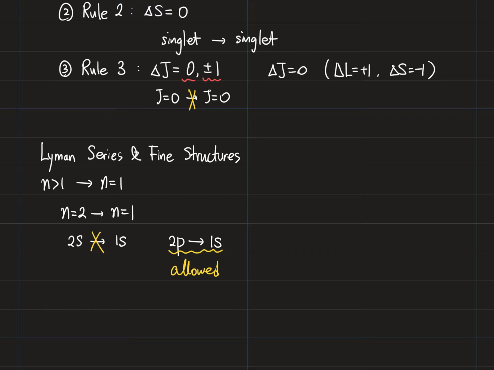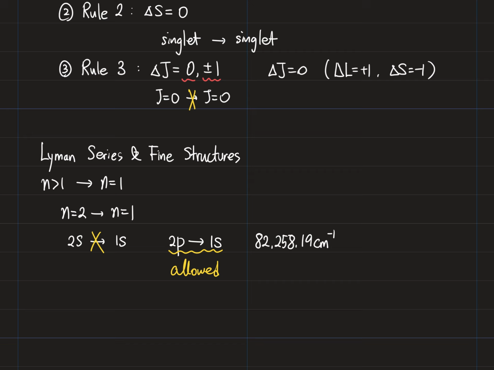Without spin-orbit coupling, we would expect to see exactly one spectral line at 82,258.19 wave number.